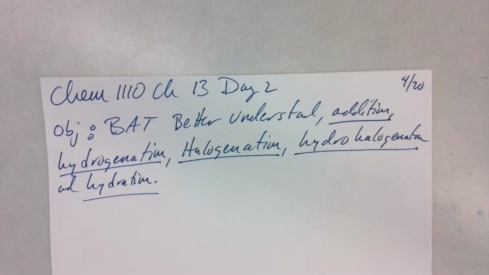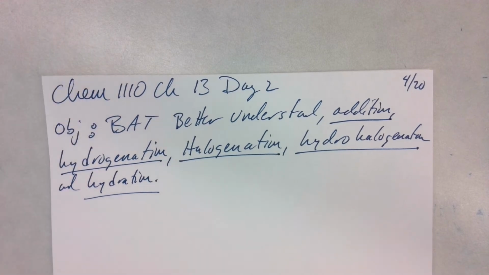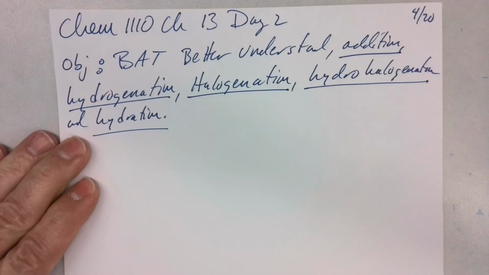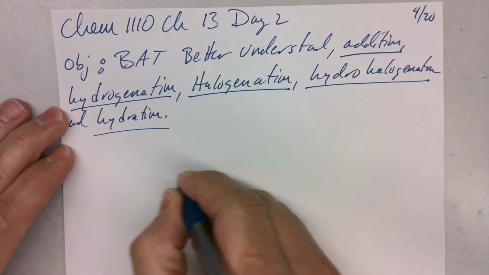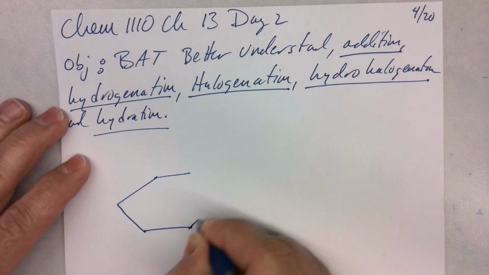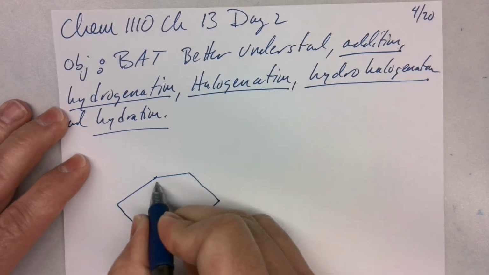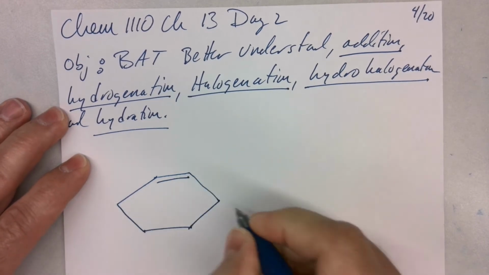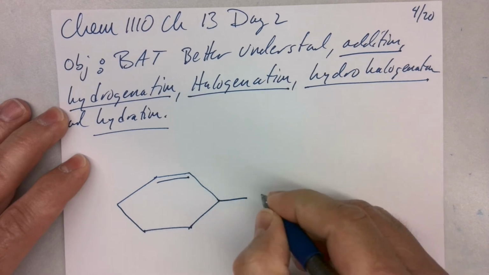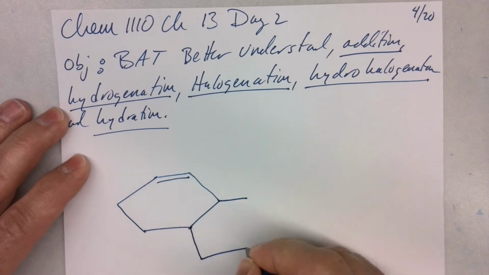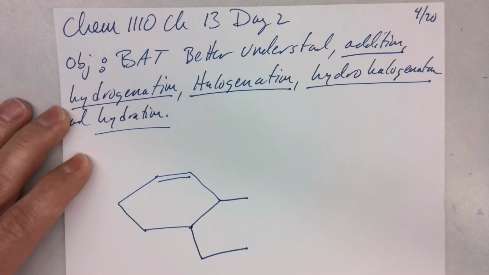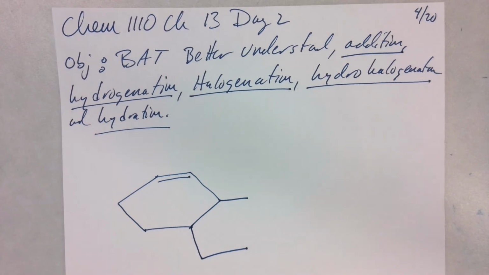Now, before we go on, I do want to go through a couple of review questions from naming from the other day. Okay? You ready to rock and roll? Okay, so this is what we got. Let's say I've got that right there, and I wanted you to name that.